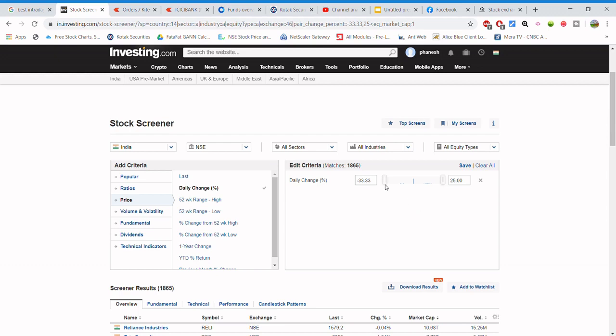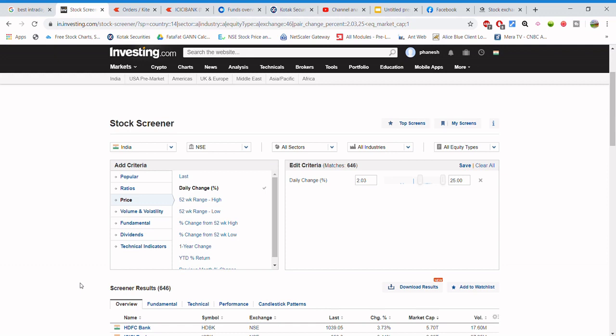I want a good movement, to be honest, so I'll put in minimum 2 as my target. That looks good. Fine. I was able to reduce my stock search by a good amount, and it is 646 now.